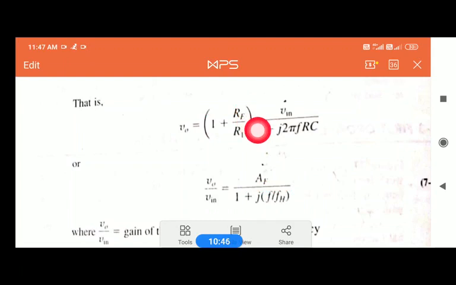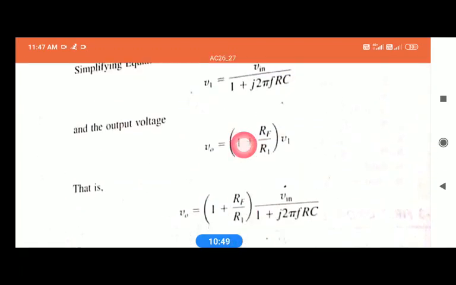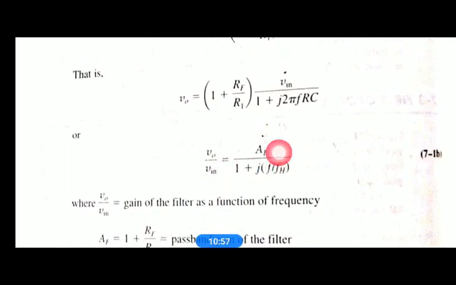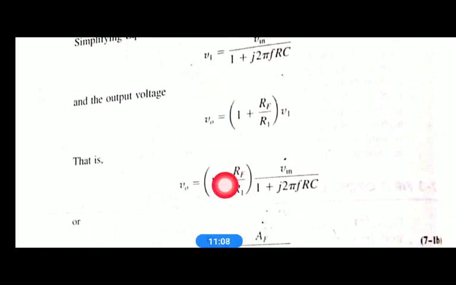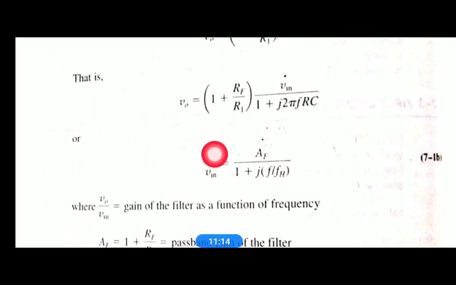So 1 plus Rf by R1 is the gain for applied input voltage V1, which is the voltage at the non-inverting terminal, whereas Vo by Vin is the gain for our applied signal Vin, which is AF by 1 plus jf, with f as it is.